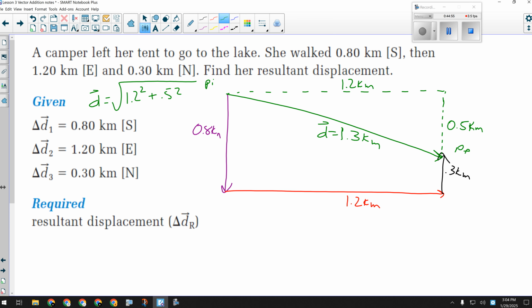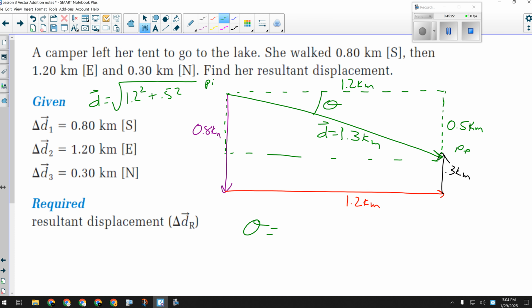But displacement is a vector quantity, which means it needs magnitude and direction. The way I drew that triangle, my angle arc touches east. If you drew the triangle this way, that's also fine. You're just going to get the complementary angle, and it'll be the opposite of mine. Okay? So, when I do this calculation, 0.5 is the opposite side, 1.2 is the adjacent side.